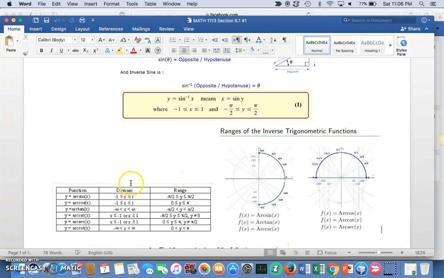The domain there kind of goes into the range, but we do limit the arc sine. We limit it from -π/2 to +π/2. That's arc sine, arc tangent, and arc cosecant will be like fourth quadrant and first quadrant.